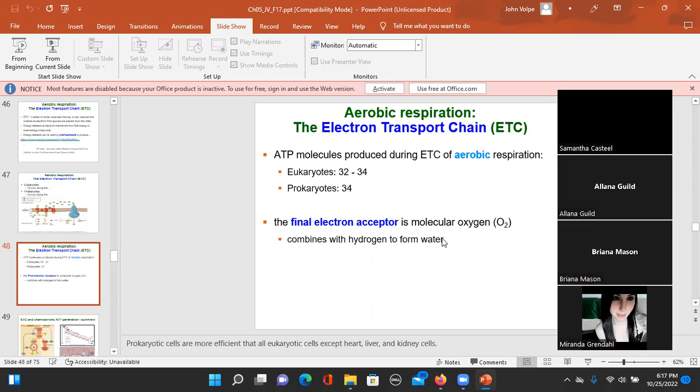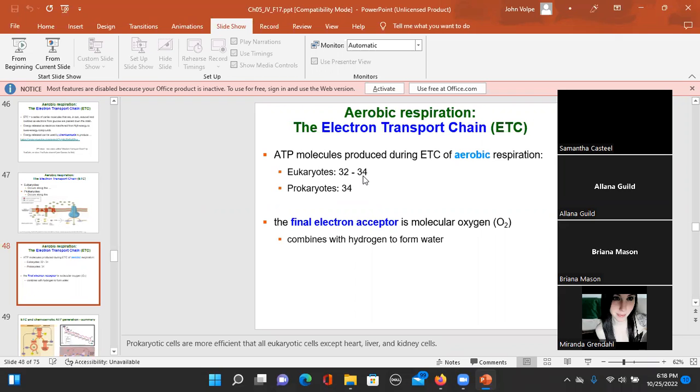It depends what cell it is. Most cells only generate 32 molecules of ATP per molecule of glucose, but some of them, meaning the heart, the kidneys, and the liver, generate 34 molecules of ATP per molecule of glucose.